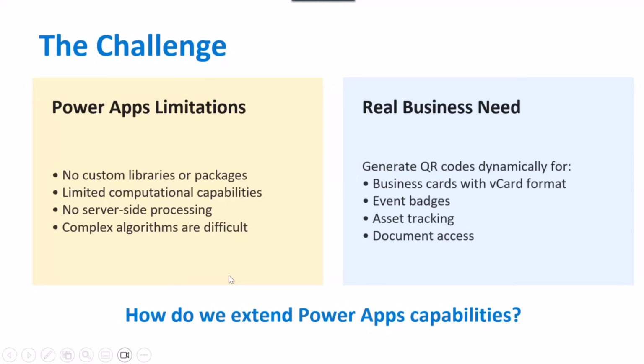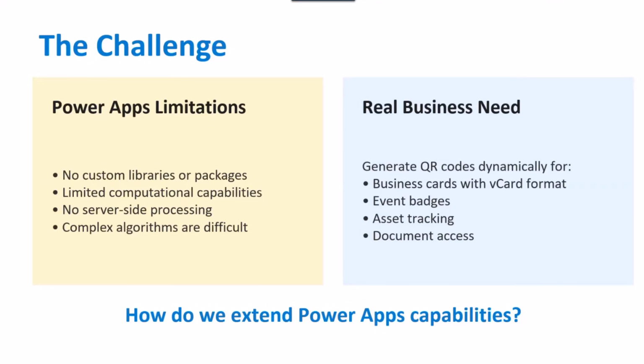But many of us have attended conferences where you have 5,000 people coming and you want to generate QR codes for all your event badges, right? In those kinds of scenarios, Power Platform or Power Apps falls a little short.